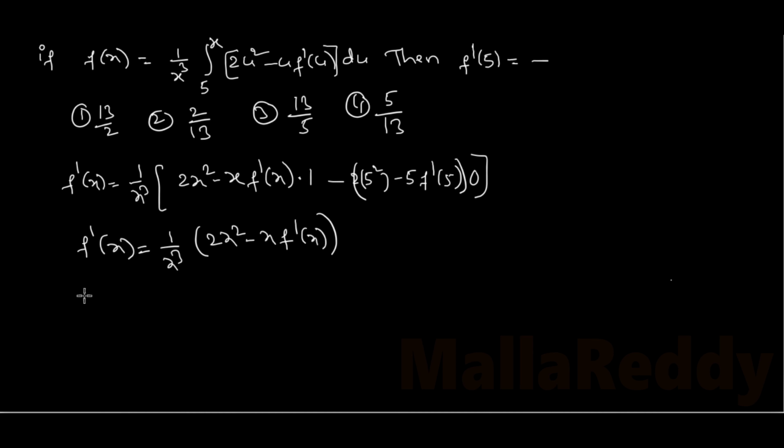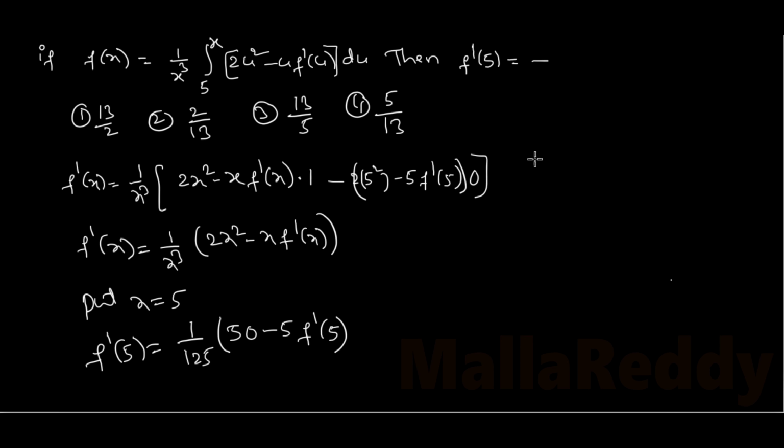So substituting, put x is equal to 5 in this equation, that is f dash of 5 is equal to 1 by 5 cube, that is 125, into 2 into 5 square, that is 25, into 2 is 50, minus 5 into f dash of 5. So 125 into f dash 5 is equal to 50 minus 5 into f dash of 5.